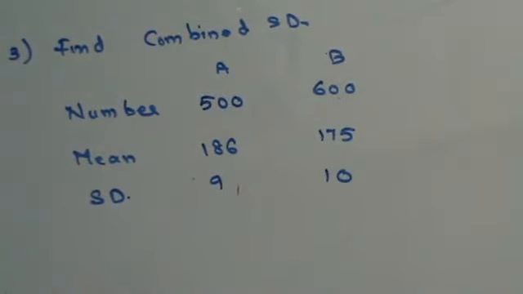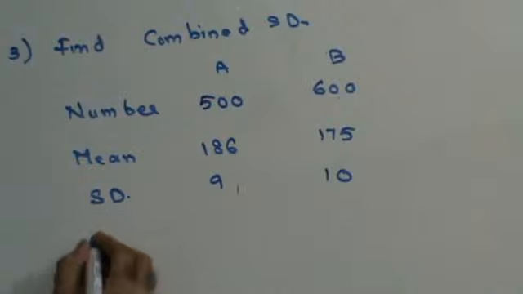Right? Now in this, if the examiner wanted, he could even ask you which firm has greater variability. If you want to find out greater variability, that means you will have to find out coefficient of variation. Whichever firm has larger coefficient of variation, that will have more variability.